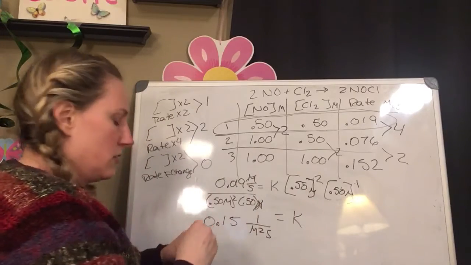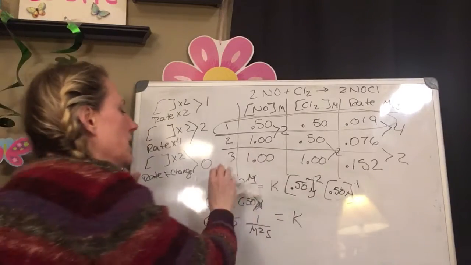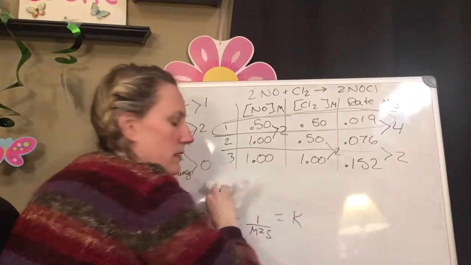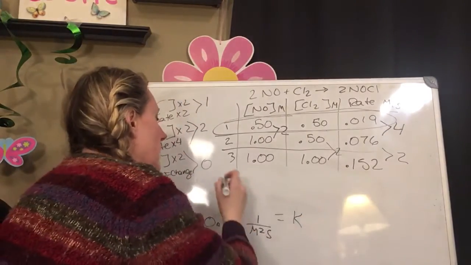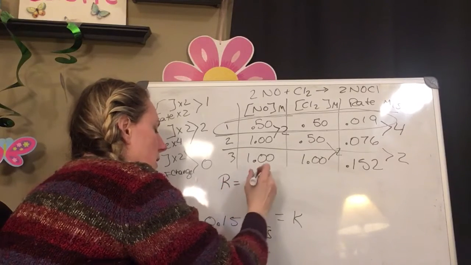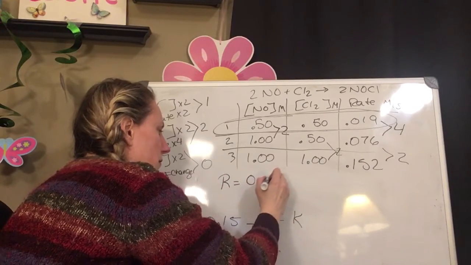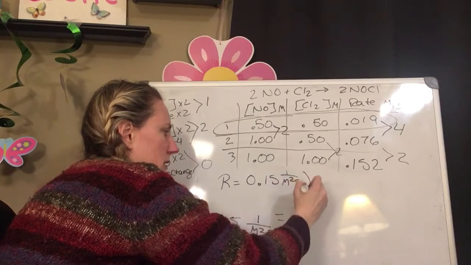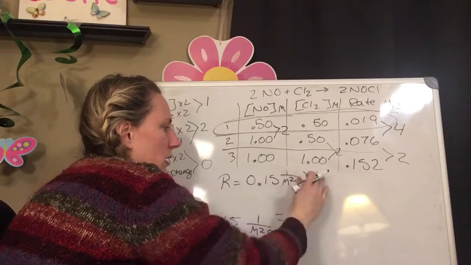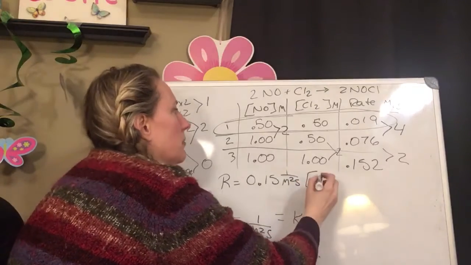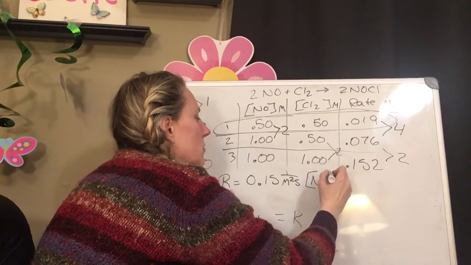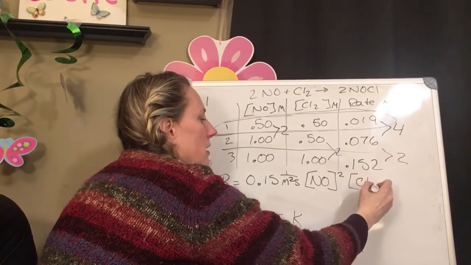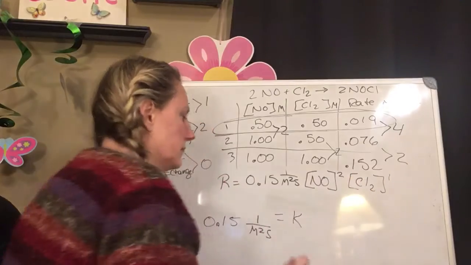So then I need to rewrite my equation. You will rewrite it, don't erase yours. So my rate is going to be 0.151 over M squared s times, or actually you could just use these brackets, times the concentration of NO squared times the concentration of Cl2 to the 1.